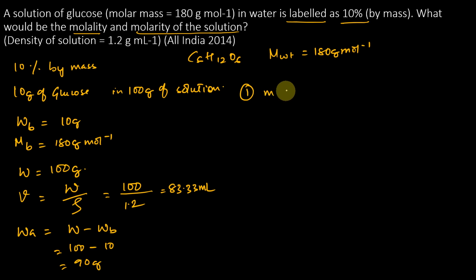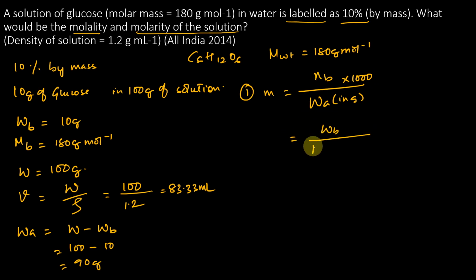We will find molality. Molality is equal to number of moles of the solute divided by weight of the solvent. If it is in gram, then multiply by 1000. So number of moles of solute I can write as WB by MB into weight of the solvent into 1000. Weight of the solute will be 10 into 1000.